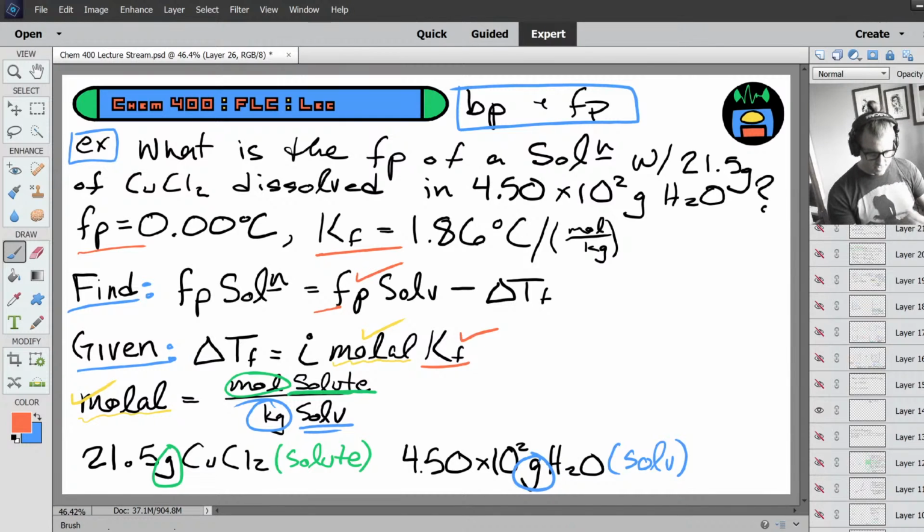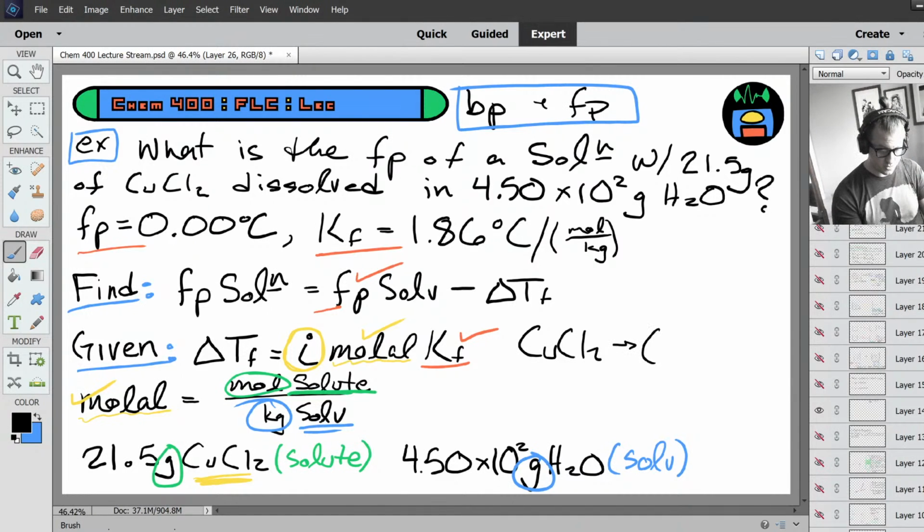The question is, really the last question is, what about this Van't Hoff factor? That comes from the solute. If you look at copper chloride, this will break into 1 copper cation plus 2 chloride anions.